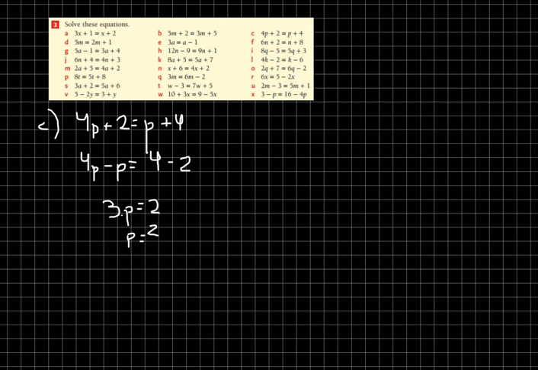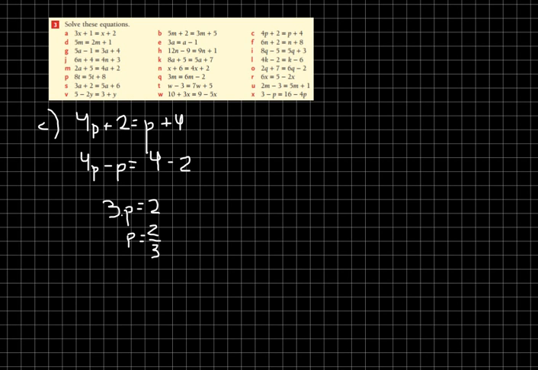And since it's multiplying, it goes to the other side to divide. 2 divided by 3 in fraction way. You can do it in decimals, but remember that we're working with fractions. Okay? That's the end of that exercise. If you want, you can put it in decimals. That's okay, but I'll leave it like that with fractions.